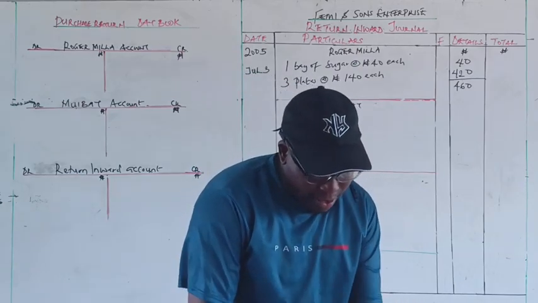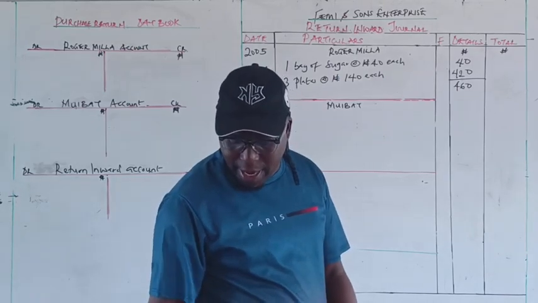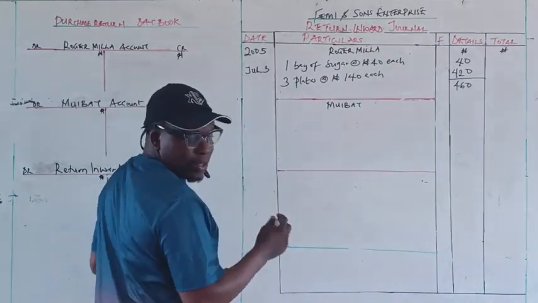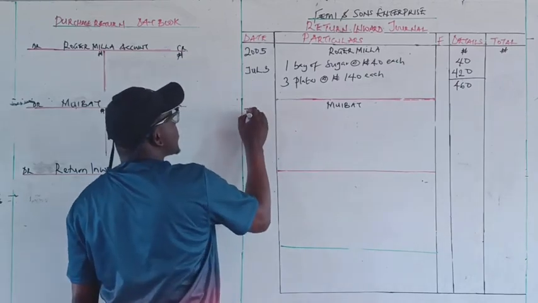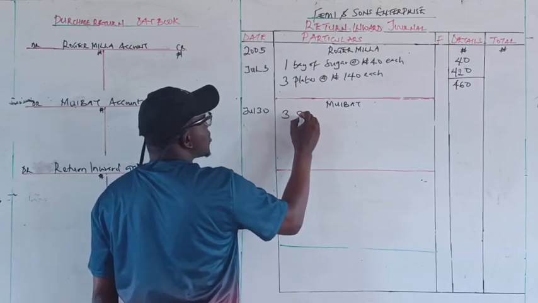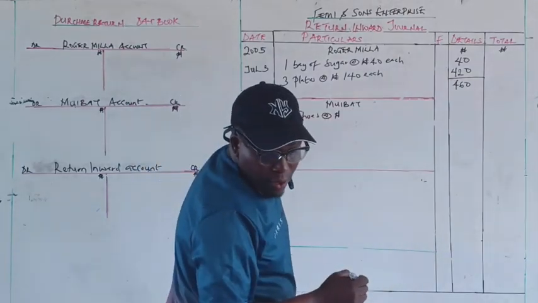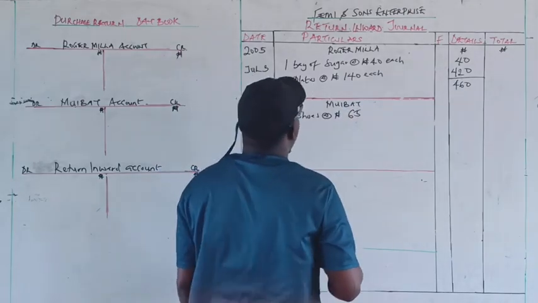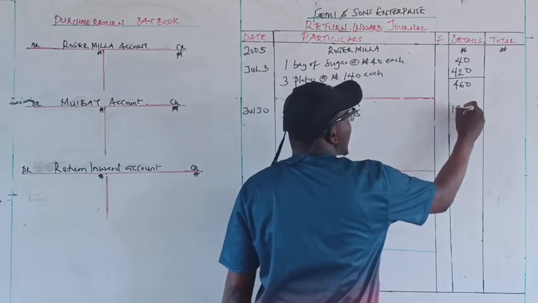So Muibat returned 3 shoes at 65 naira. That's July 30. 3 shoes at 65 naira will give us 195 naira.